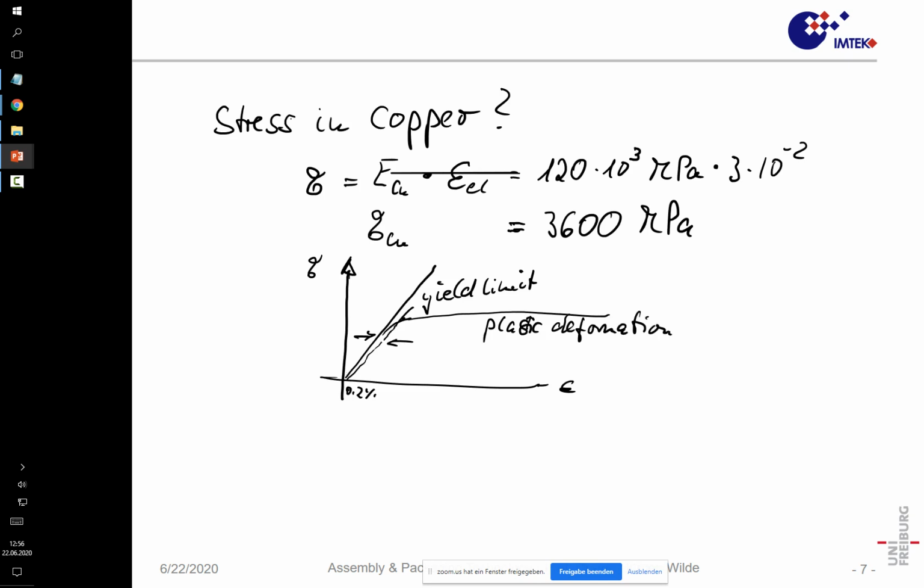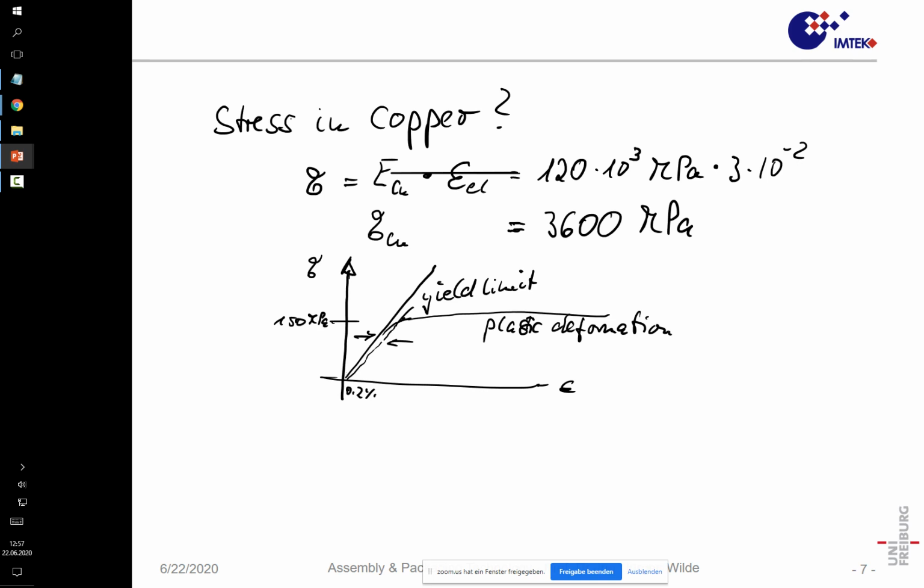And here we have plastic deformation. So only a small part of the deformation is elastic, maybe up to, just as a guess, let's say 150 megapascal for pure copper, and then it yields, and then it is a deformation with only a slight increase.